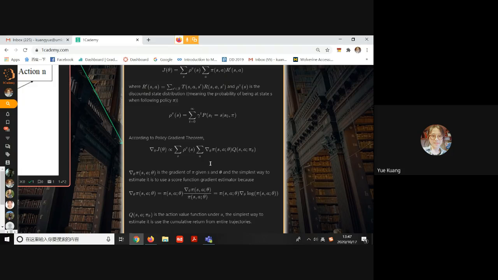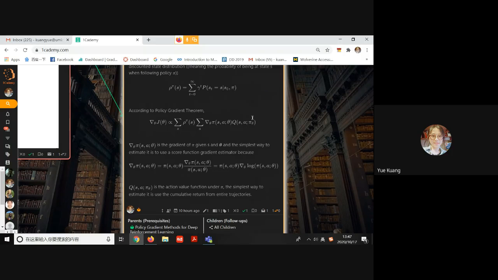The first one is the gradient of pi given S and theta, and the simplest way to estimate it is to use a score function gradient estimator. You can see that we multiply and divide by the policy function, and then we can estimate it as the value of the policy function times the log derivative of the function, which is the score function.